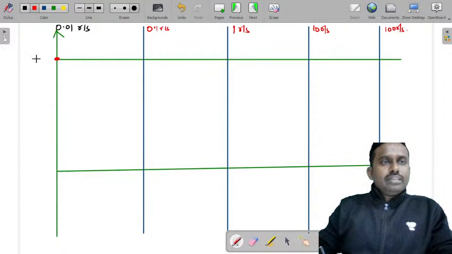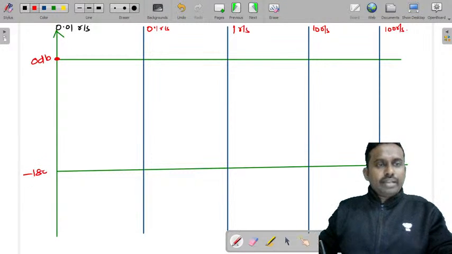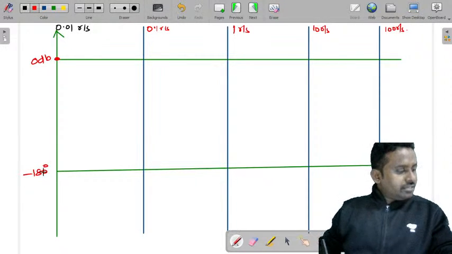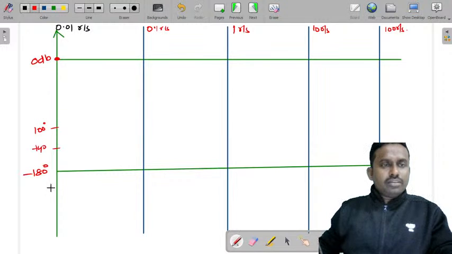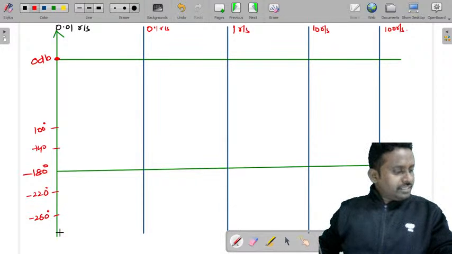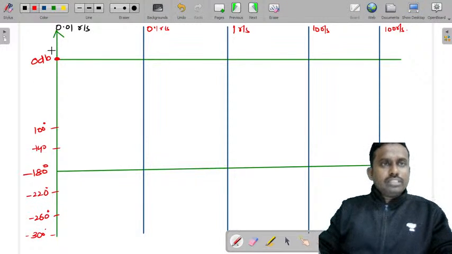Listen carefully. You may have a doubt about plotting this, I guess. Minus 180 degrees. Let's take minus 140 here, and this has a 40 difference. Adding 40 it is minus 220, then minus 260, and this has minus 300. Now this is 0 dB.